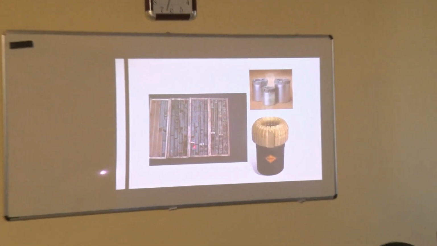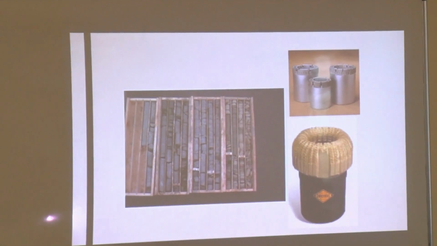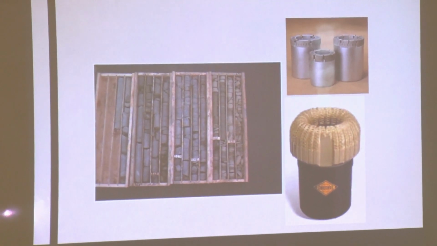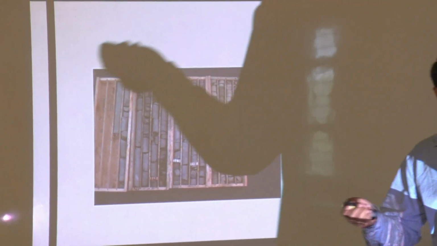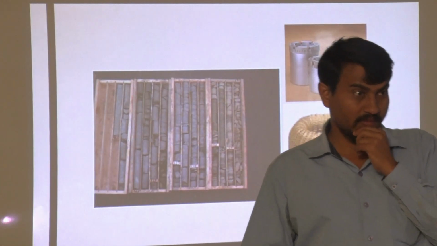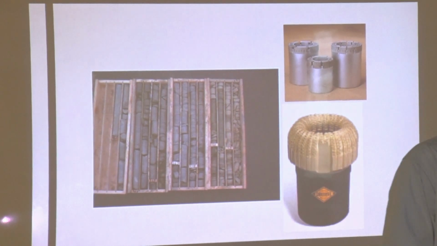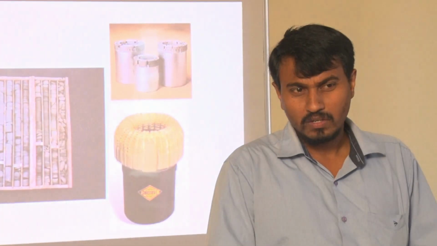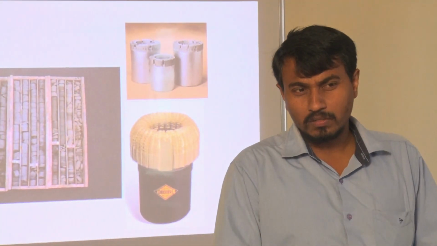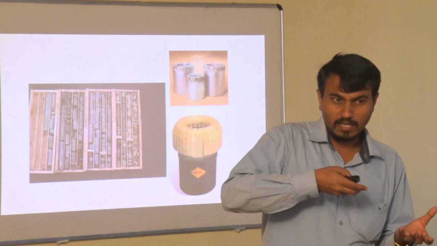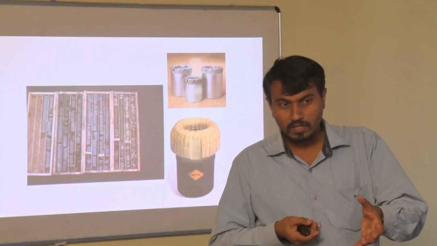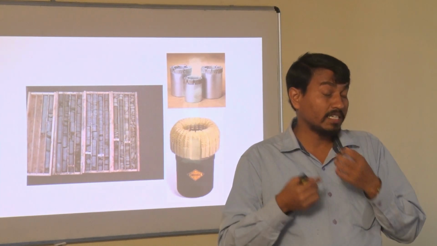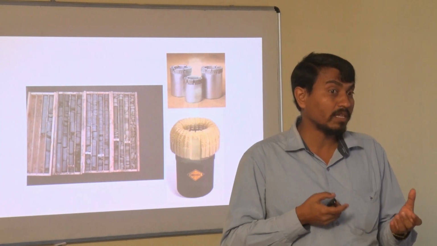Here all are small ones. This indicates that there is a large population of joint sets. A large population of joint sets means it is heavily jointed in parallel. So if we orient your tunnel or underground driveway or roadway, you need to take care of this kind of parallel orientation of the joints. So RQD basically tells you about this idea.